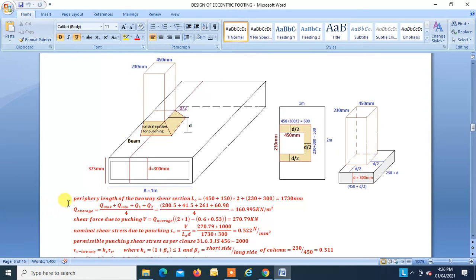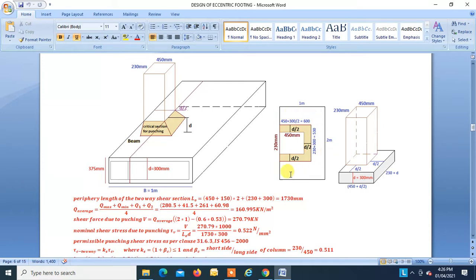So the peripheral length of the two-way punching section L0 is equal to this plus this plus this, that is equal to 1730 mm.